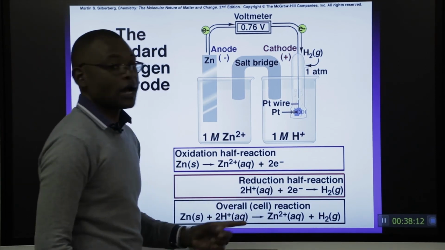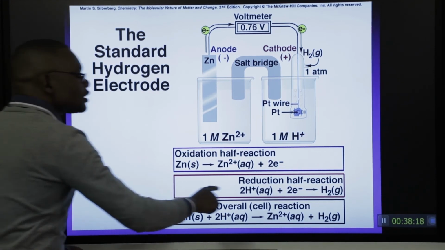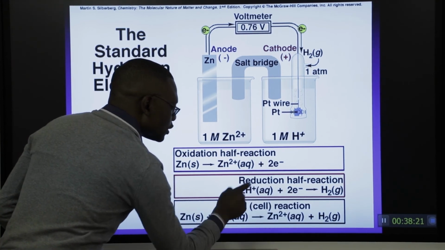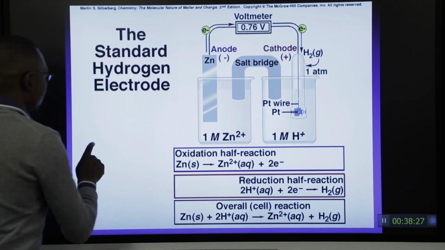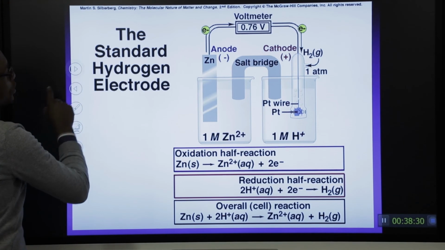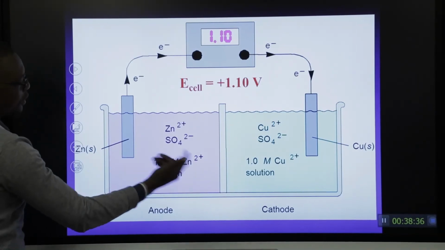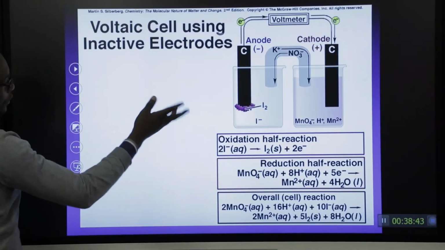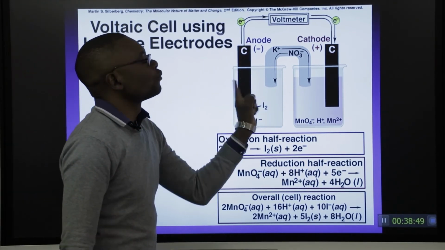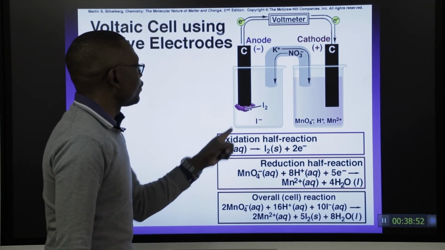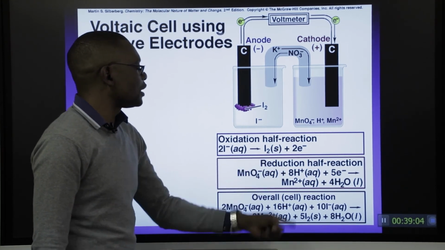So whatever species you are going to represent on the cathode, it is supposed to undergo a reaction in which the material itself is an ionic species, and then it picks up electrons and forms either a gas or a solid. So we can show similar representations like this, or like this, where we are still saying the same thing, that at the anode, like in this case, these are carbon electrodes, and we've got iodine here, which is being oxidized while the manganate is being reduced.